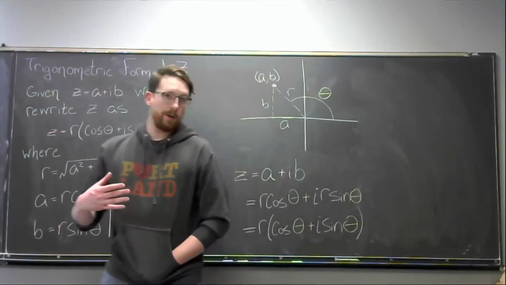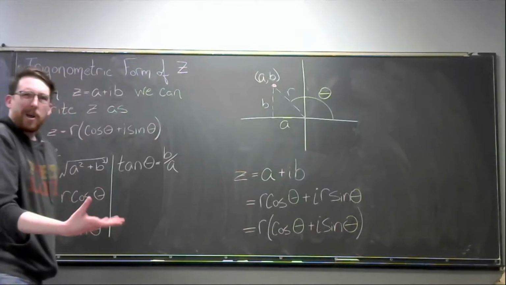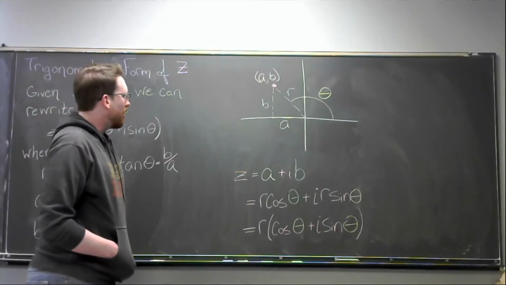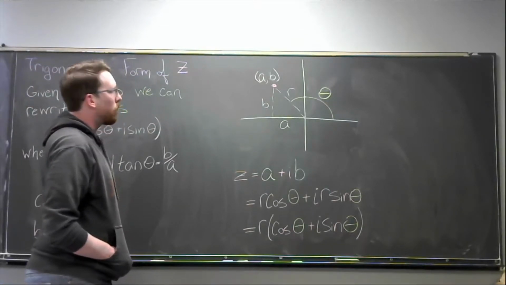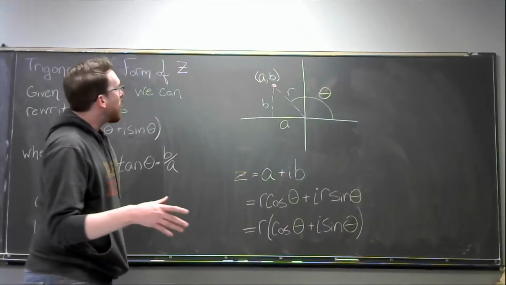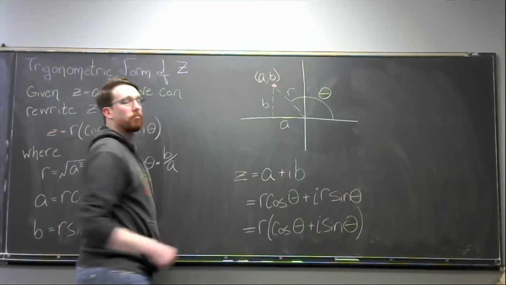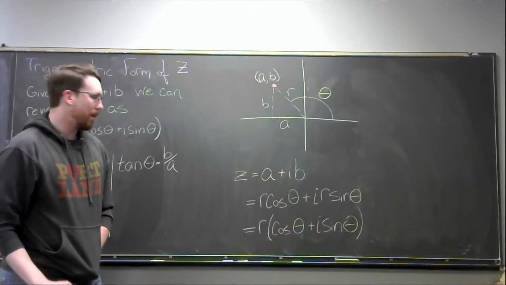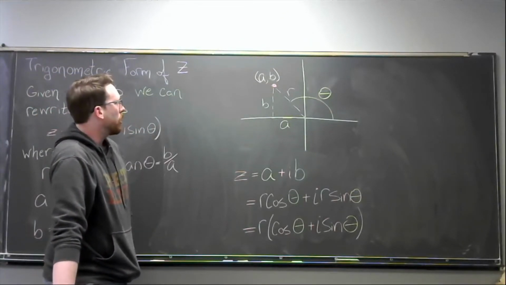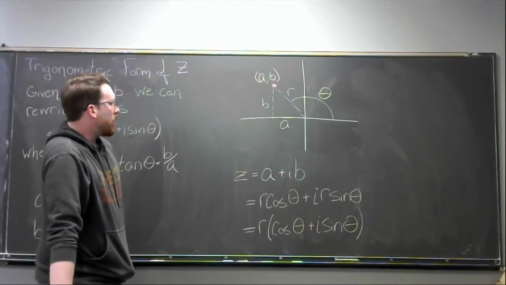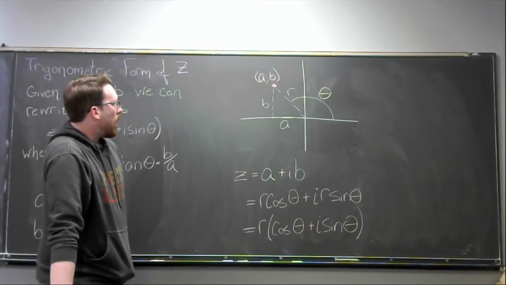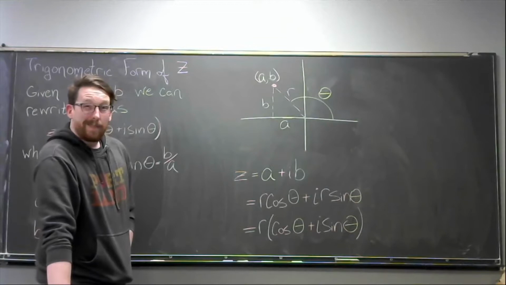Now, to help us think about this, let's look at it graphically really quick. What are we saying? We're given a complex number a plus ib. Well, we can think of it as sort of like a vector, sort of.